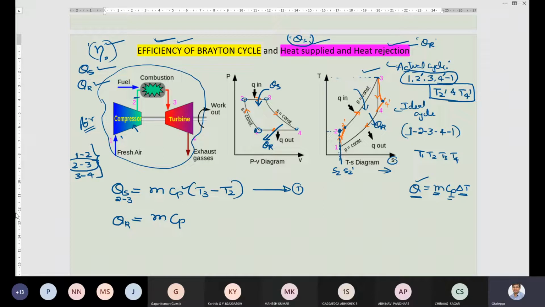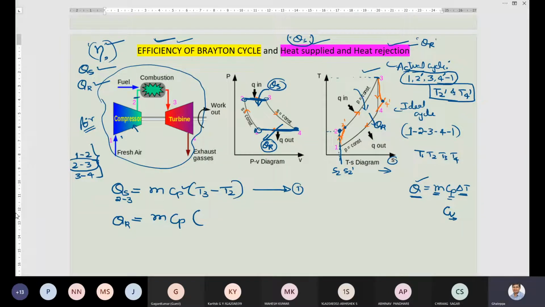Because it is constant pressure heat addition as well as constant pressure heat rejection. In the previous classes we discussed there is one more term, m Cv. You take Cv when the process is at constant volume. But here both heat addition, that is heat supplied, and heat rejection are at constant pressure. That is the reason we are taking Cp.